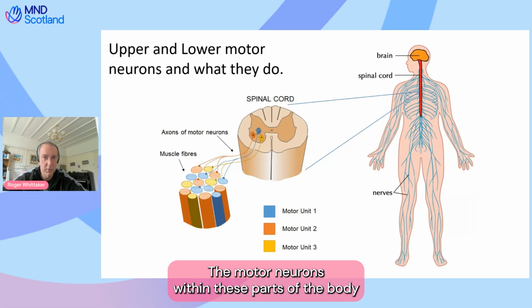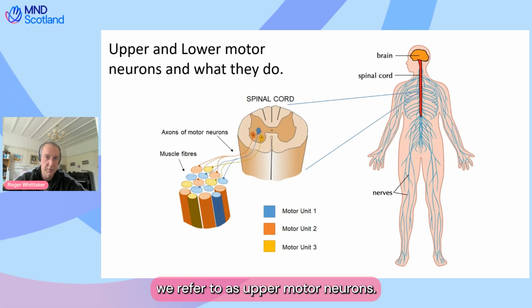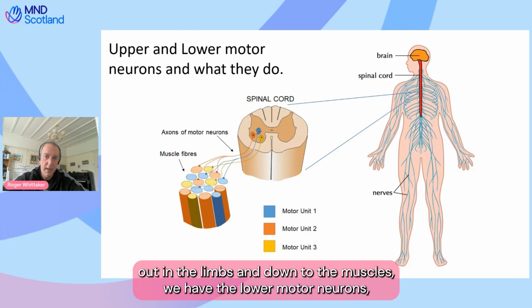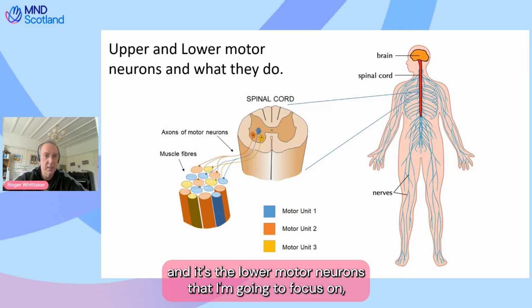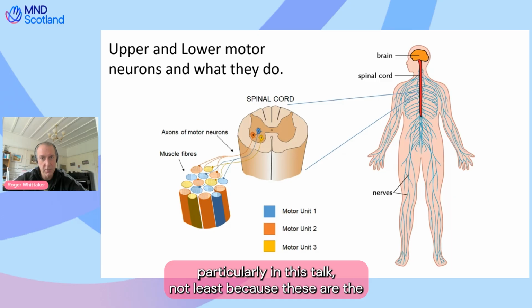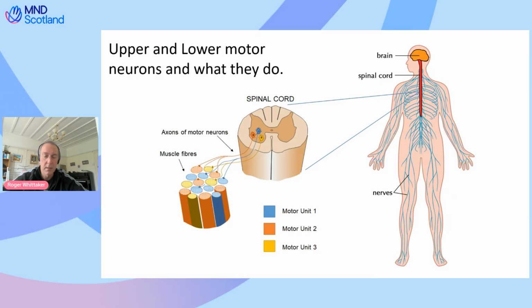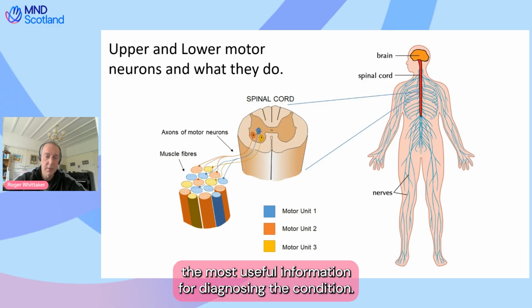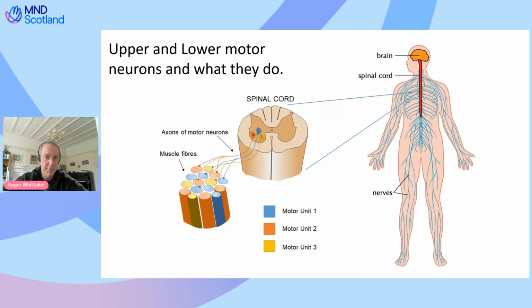The motor neurons within these parts of the body we refer to as upper motor neurons, and then coming from the spinal cord out in the limbs and down to the muscles, we have the lower motor neurons. And it's the lower motor neurons that I'm going to focus on, particularly in this talk, not least because these are the tissues that give us the most useful information for diagnosing the condition.